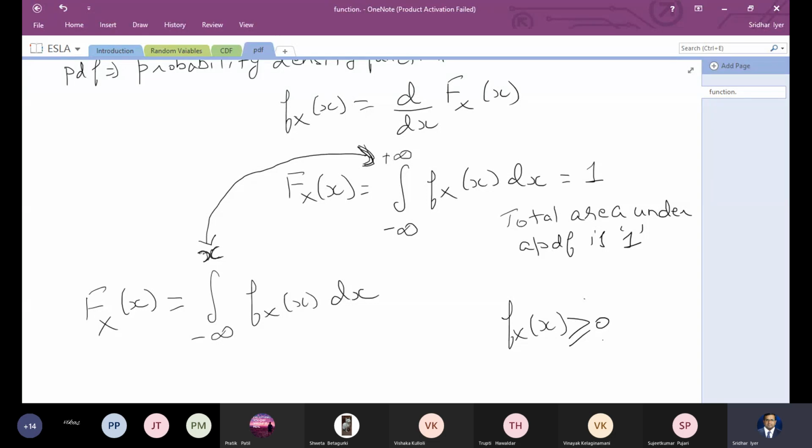Towards the end of the lecture yesterday, I also specified the applications of the PDF. The most important application is finding the population of a country. Just to give you an idea, there is a distribution known as the Gaussian distribution, which helps us in finding the population of a country.